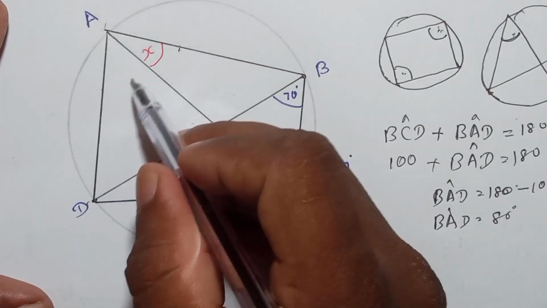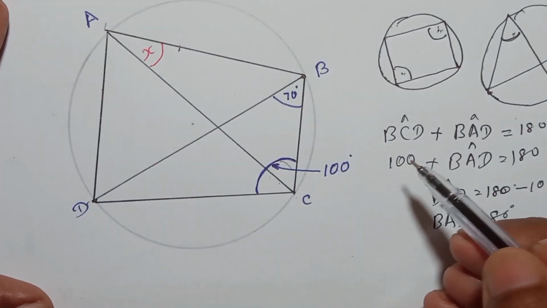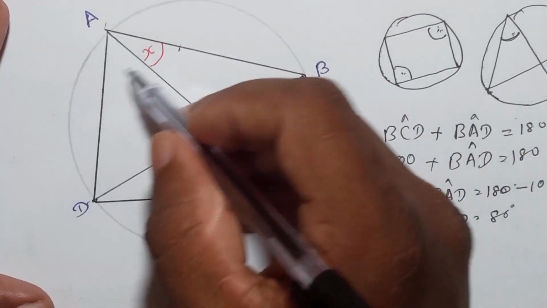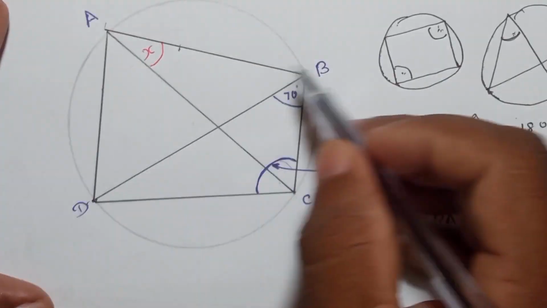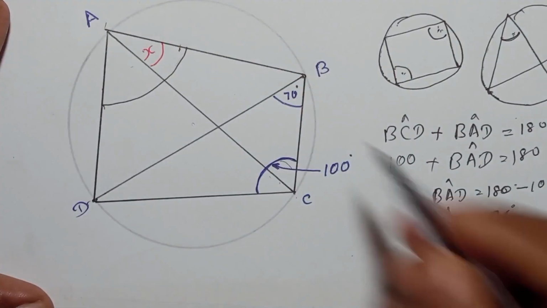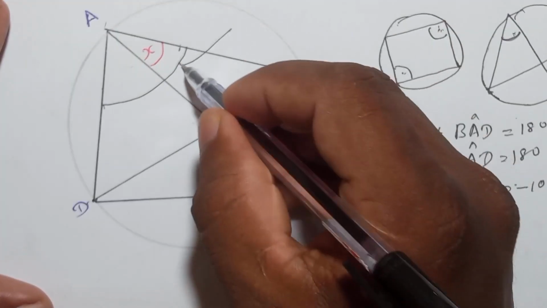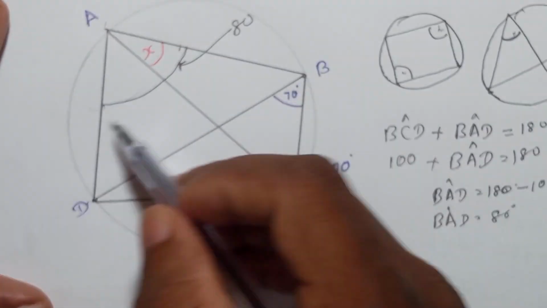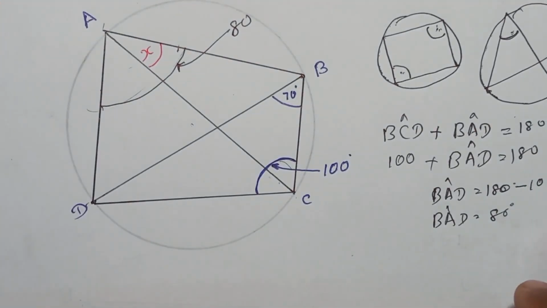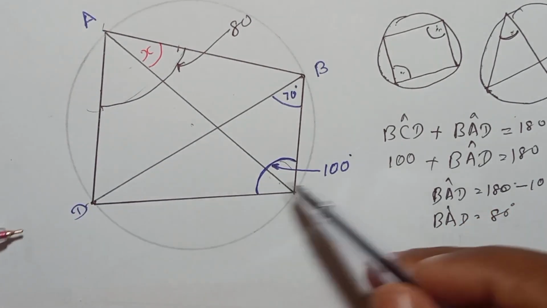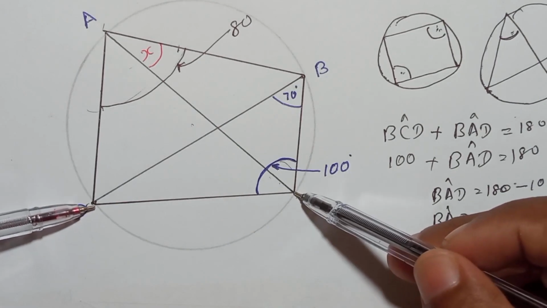Try to understand. This angle means this complete angle, not this part. On this complete one, BAD will be 80 degrees. And the next thing, the other pattern: from D and C, from these 2 points, look very carefully.